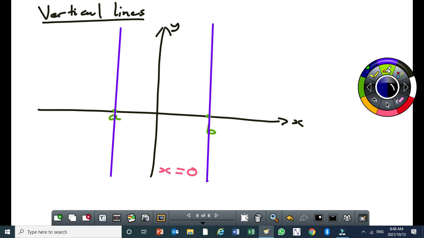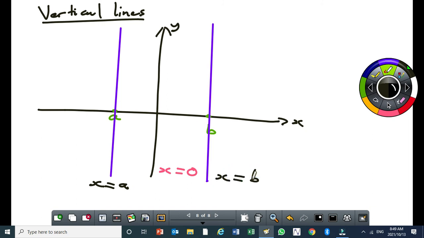I can write equations for both lines. So the first one, to the far left, the equation will be x equal to a. The one to the right hand side of the y-axis will be x equal to b. Then, if you're asked to determine the gradient of both straight lines, the gradients are undefined.